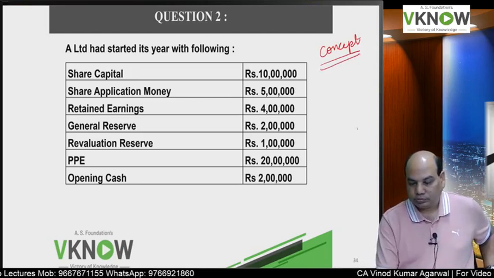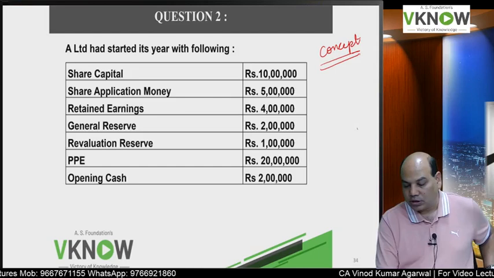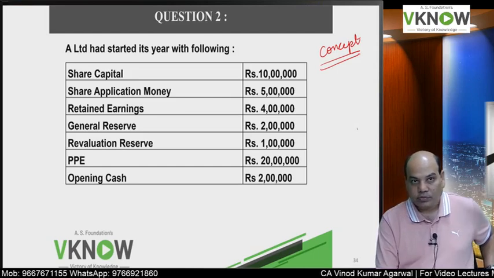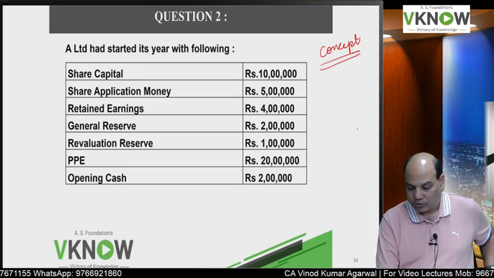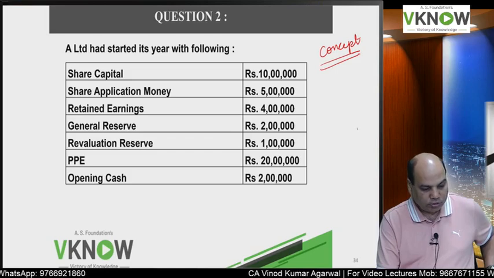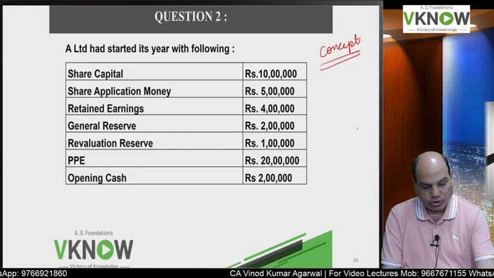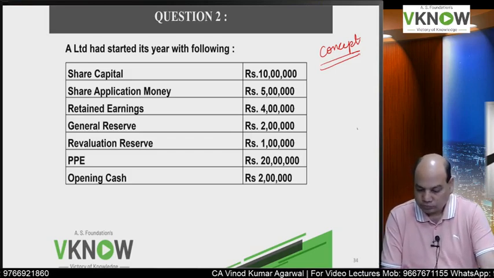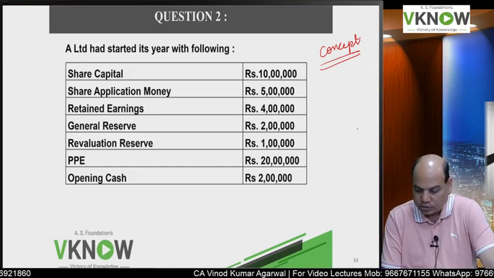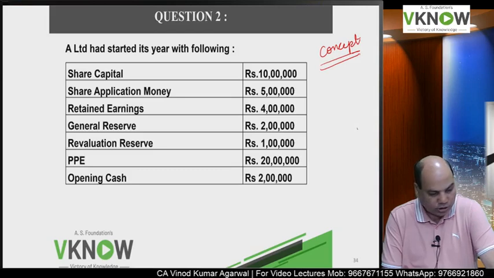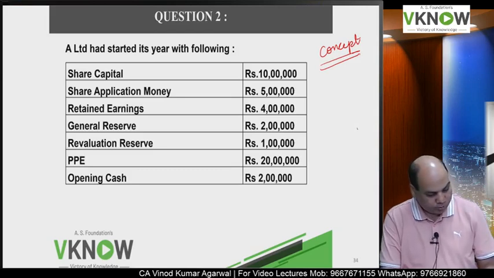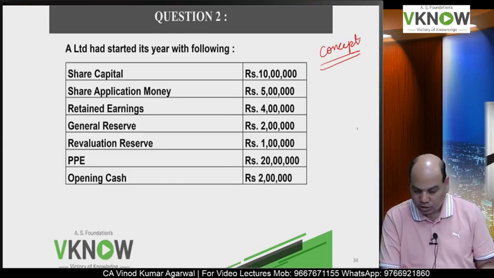A Limited had started the year with the following: share capital is 10 lakh, share application money is 5 lakh, retained earning is 4 lakh, general reserve is 2 lakh, revaluation reserve is 1 lakh, then PP is 20 lakh, and opening cash 2 lakh.